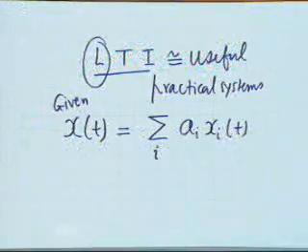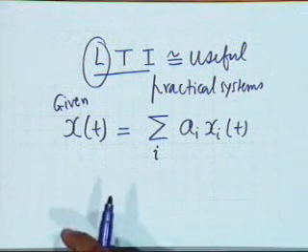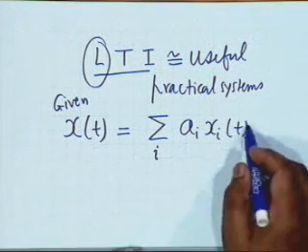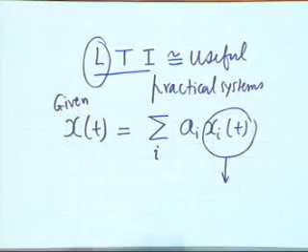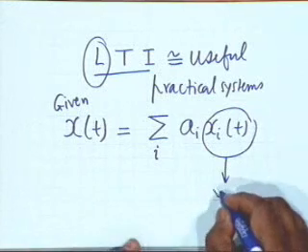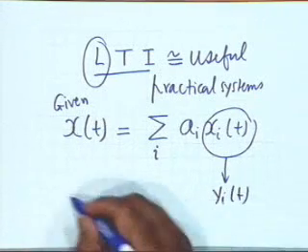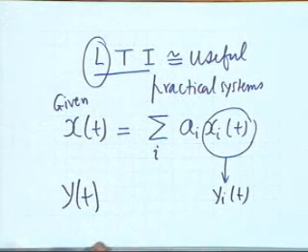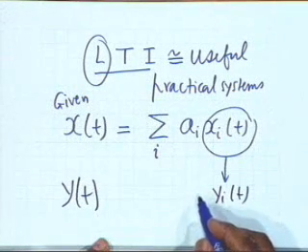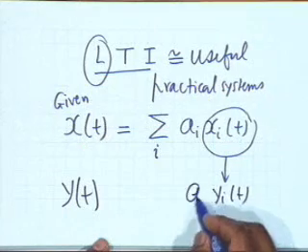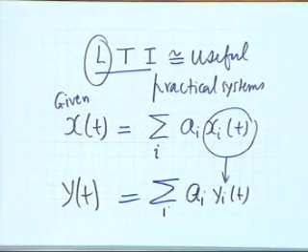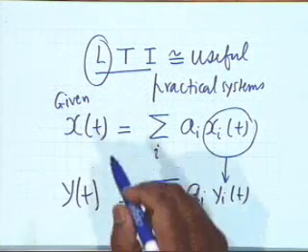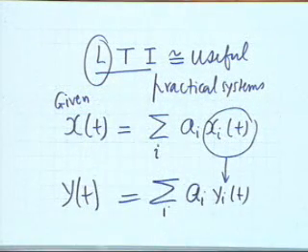This is summed over i. Then obviously all you have to do is to find the output in response to the simpler signal x sub i of t. If this is y sub i of t, then, if the system is linear, because of the principle of homogeneity, the output would be summation over i of a sub i y sub i of t. Is that clear? And this is why linear time invariant systems are very simple to analyze.